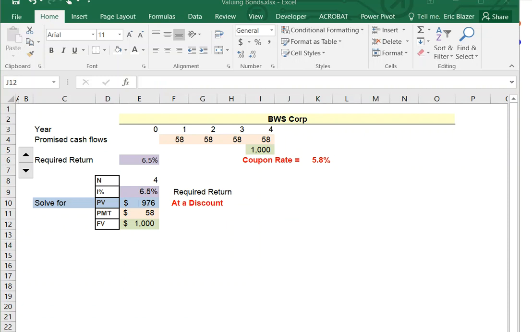So again, if we have a 6.5% required rate of return, we would be willing to pay $976 for this bond. If it was selling for $980, we wouldn't want to buy it because we would earn an expected return less than our required rate of return. For instance, let's say the bond was selling at $990.